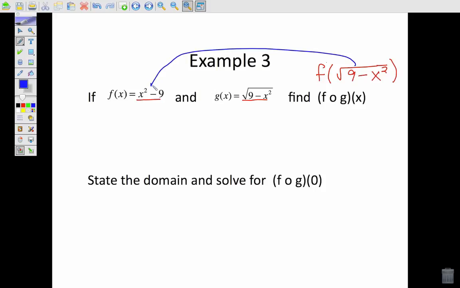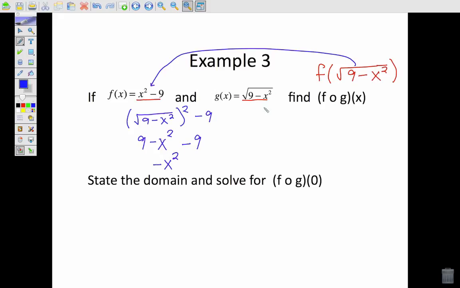I have to put this into the function f. It looks like the square root of 9 minus x squared, squared, and then minus 9. You take the square root of 9 minus x squared and square it, and you get 9 minus x squared. Minus 9, our result is negative x squared.